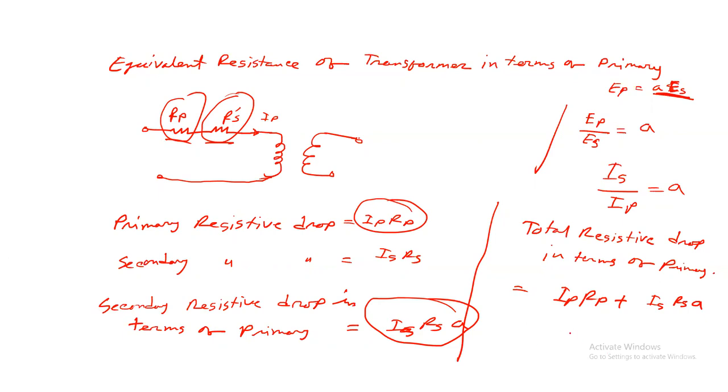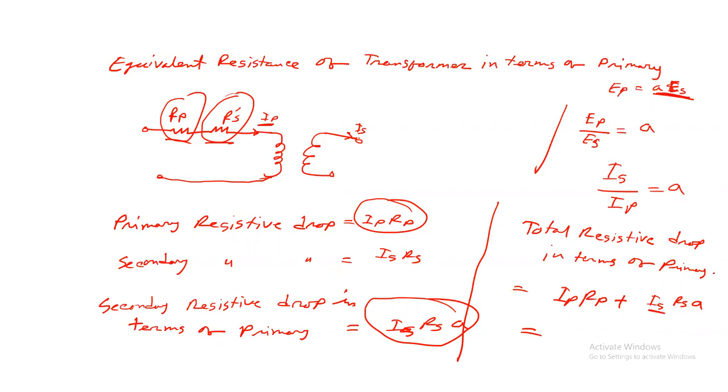Now this resistance is the primary part, so this is the IP. Both are in a single current flow, IP current. But this current is IS, so now convert it to IP.